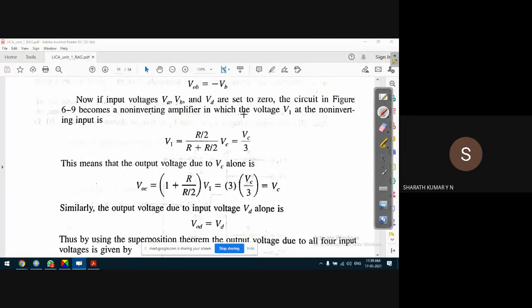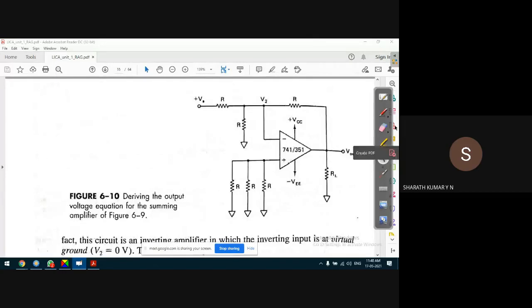The voltage V1 at the non-inverting input terminal is, according to the resistances, R by 2 divided by R plus R by 2, into input voltage VC. It's nothing but VC by 3. Let's observe this. There are 3 resistors; only VC is applied to one, and the other 2 resistors are connected to ground.